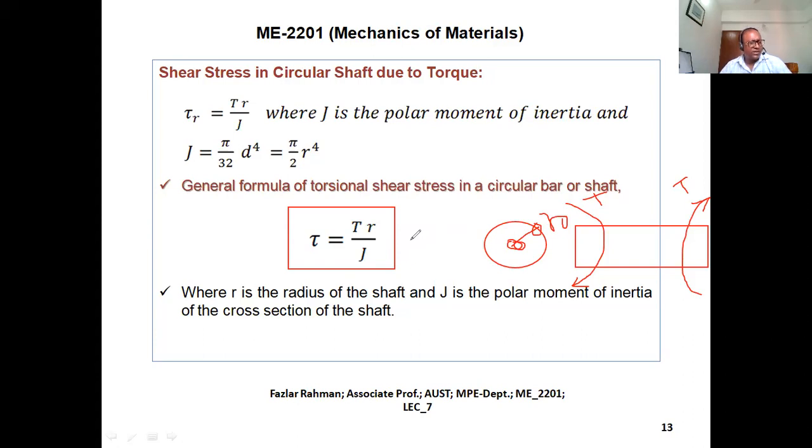And always, shear stress works parallel to the cross section. So if a part fails by shear load, that means it becomes two parts. And due to the torsion, we already proved that there always generates some shear stress inside the material. So this is the value of that shear stress.